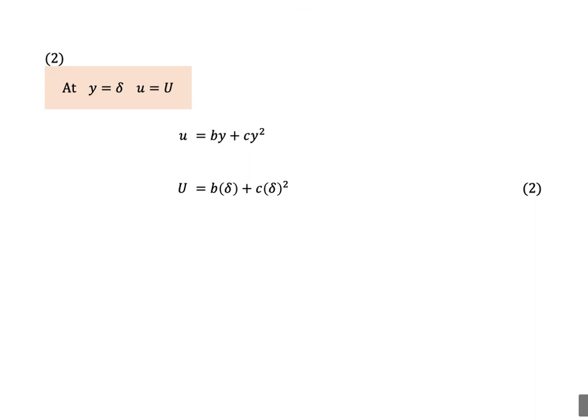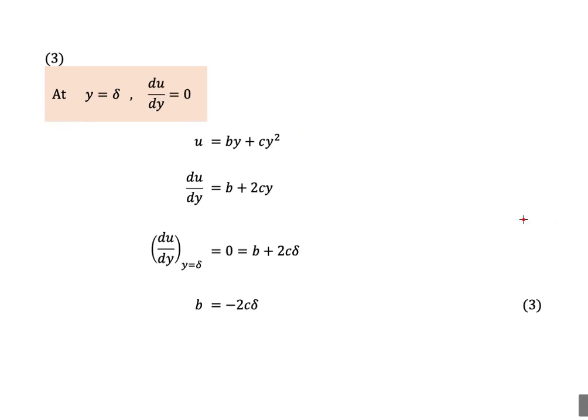At point number 2, we can write y equal to delta, u is equal to capital U. We substitute into this equation, so we have equation number 2 here. Another condition that we can derive for point number 2 is y equal to delta, du/dy equal to 0. What is the meaning of du/dy equal to 0?